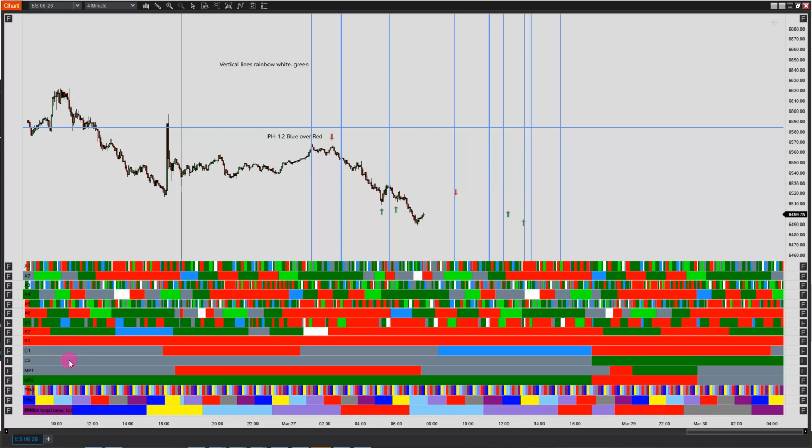And then the C1 and C2 can come into play, and then the MP1, MP2 master planet. Those we look at more for a trend indication, but they do give some wide windows where the significant weekly highs and lows generally are going to come in there.